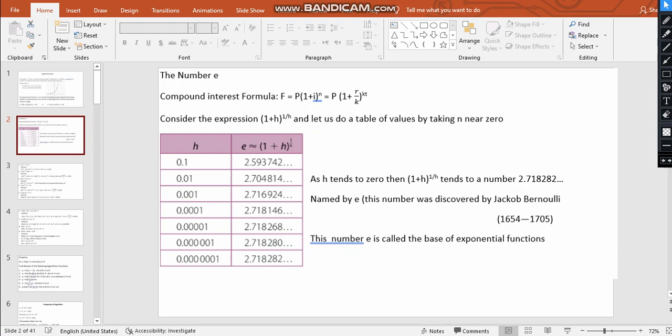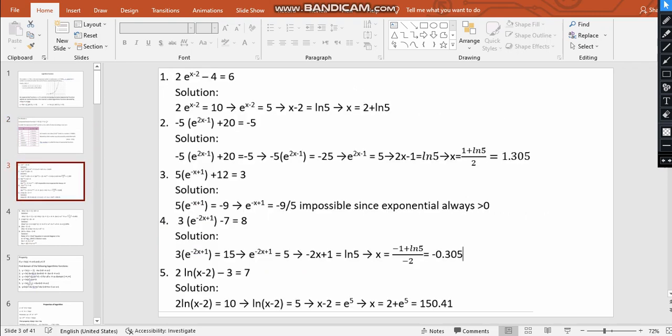So this is another example of the importance of the exponential, where it is used in the compound interest formula in finance. As I said, if you have y equals e power x, this is exponential, and x equals ln y.